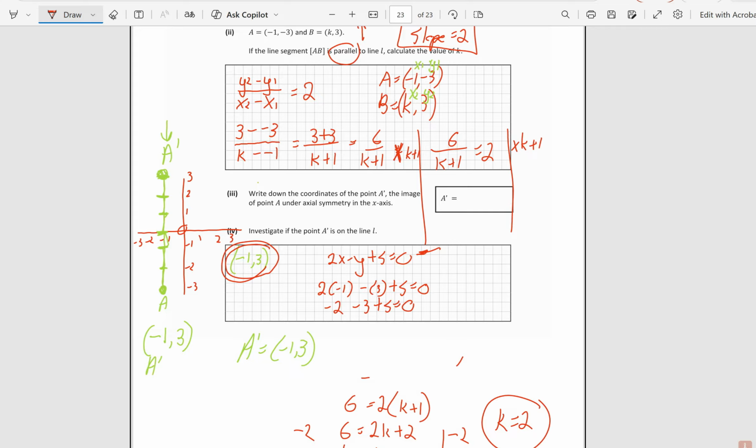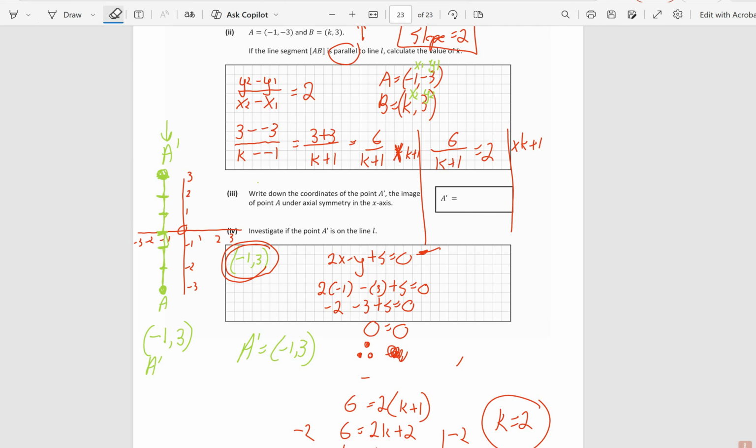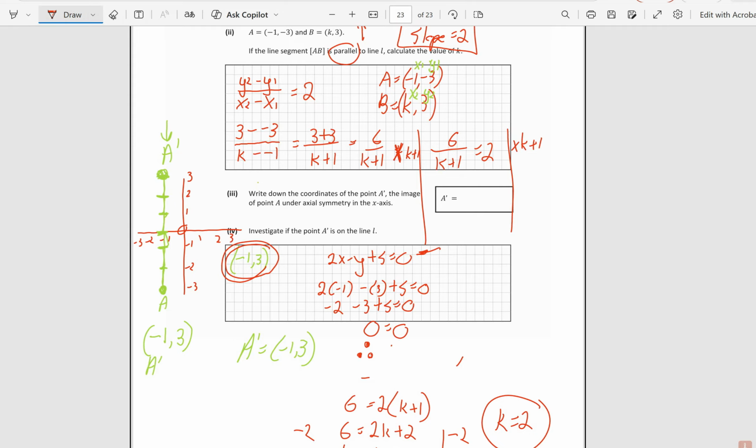Minus 2, minus 3, plus 5, well, that is 0, equals 0. And I will say, therefore, minus 1, 3 is on the line L.